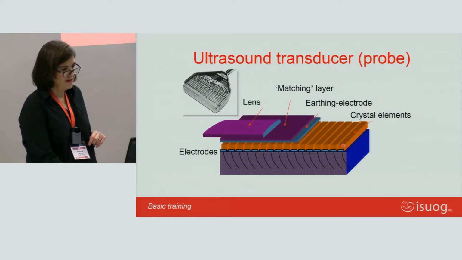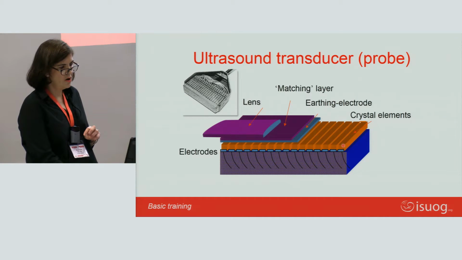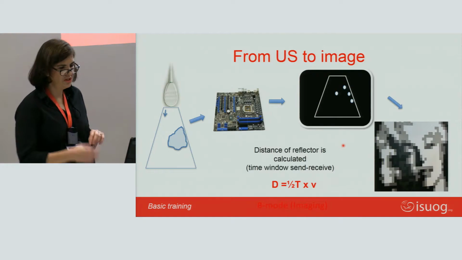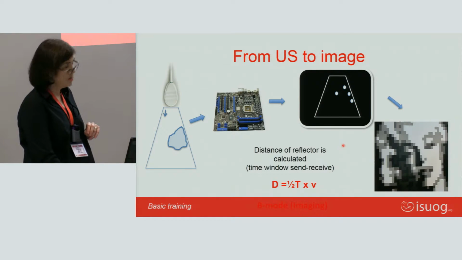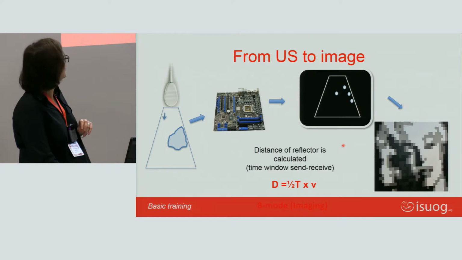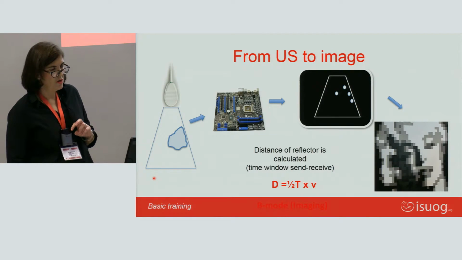So we've spoken about sound. We know the physics of sound. We know how the electricity travels through the probe and creates a signal. But how does the ultrasound machine actually generate a picture? So here, I hope this animation works now, is an ultrasound probe sending out a signal into the tissue.